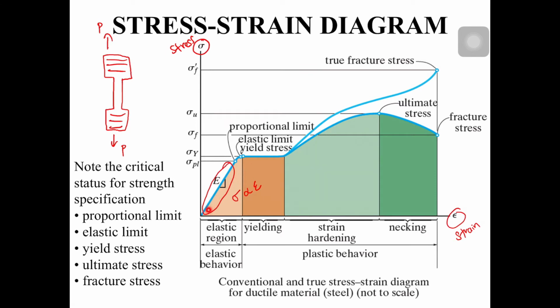For the upper parts, we call it a true fracture. We call it the true stress strain diagram. Alright, and this one we call the engineering stress strain diagram. So what is different between the two is the D, the area.